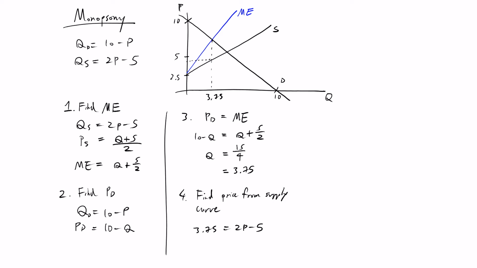Rearranging gives you P equals 8.75 divided by 2, that's 4.375.